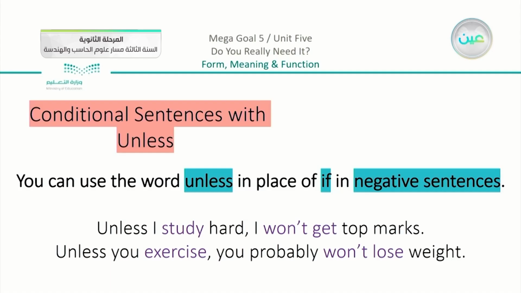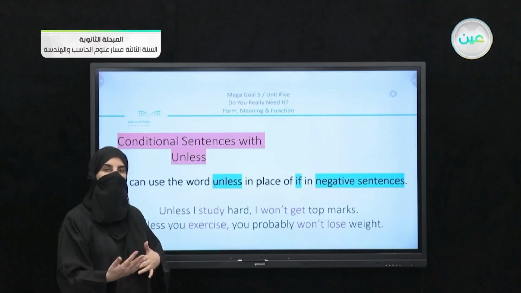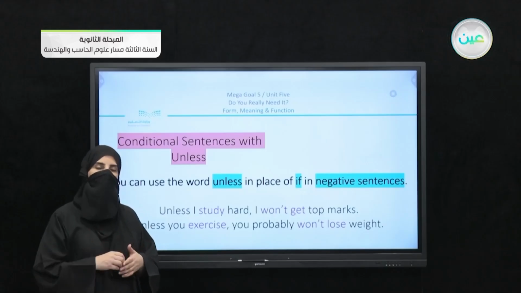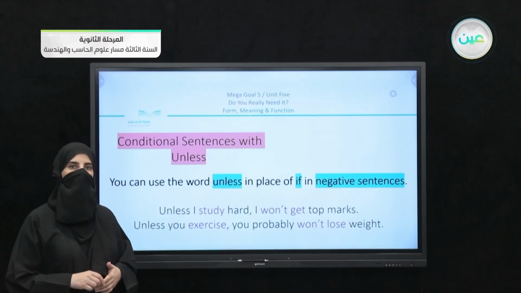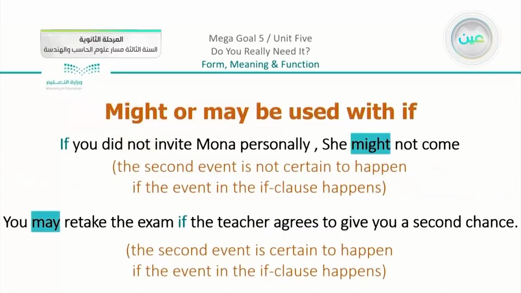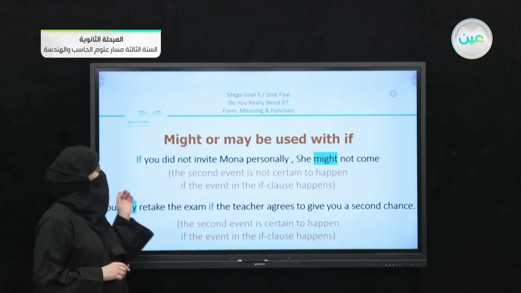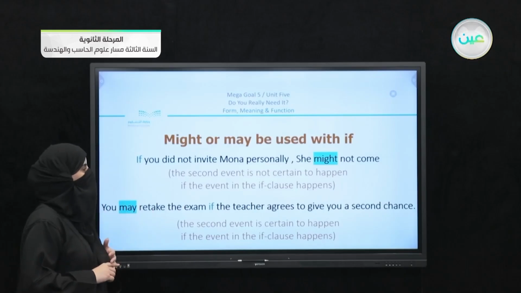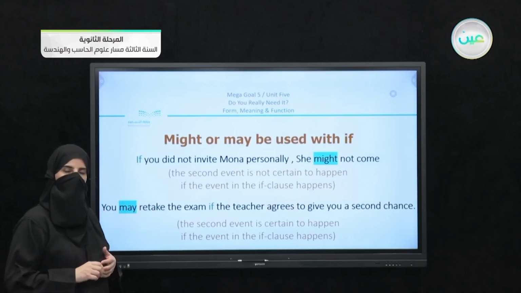So it's the same idea. I am using the present simple with if. I am using the future in the main clause, but I am using the negative as well. Now we are going to add some simple addition here, using might or may, which may be used with if. So we have in the sentence, if you did not invite Muna personally, she might not come.